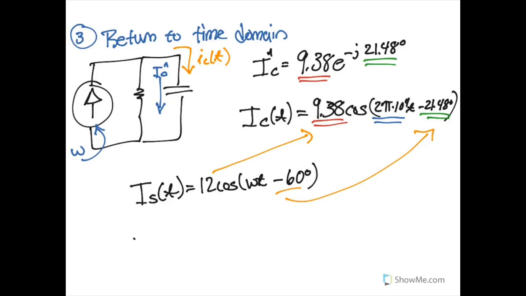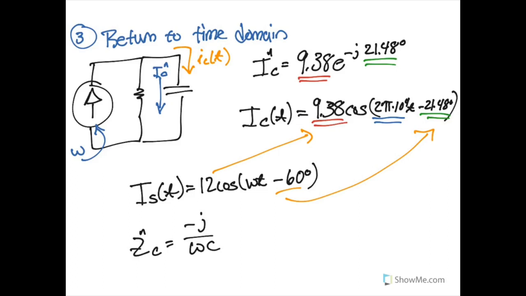Again, if you recall, the phasor for the capacitor is negative j over wC, and it also has that electric field within the capacitor that does not want to change instantaneously. It affects the wave that is passing through the circuit. And so because the phase going through the capacitor is negative 21 versus negative 60 of the source, it's actually more positive.